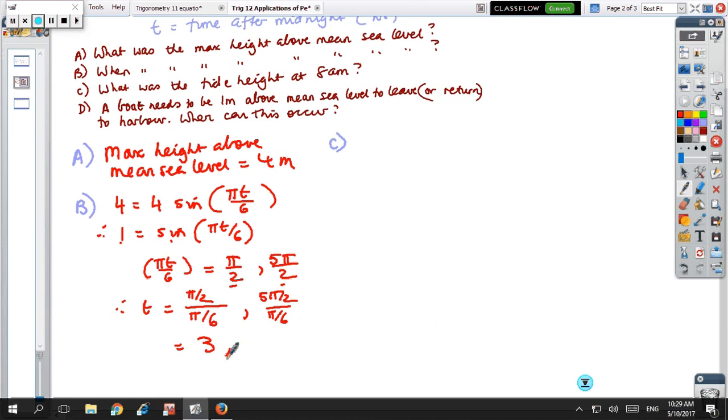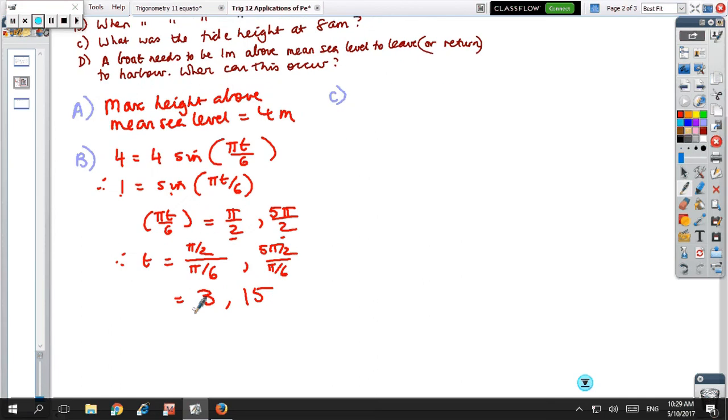And that gives me 3 and 15 according to my calculator. And so the times after midnight will be 3 AM, and 15 hours after midnight will be 3 PM. Okay, so that makes sense. There's 2 tides at maximum.